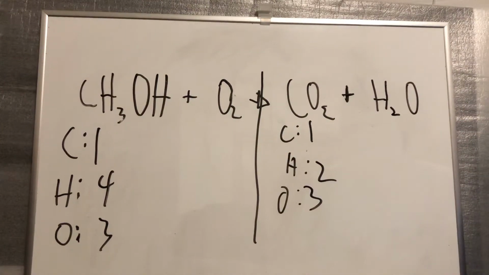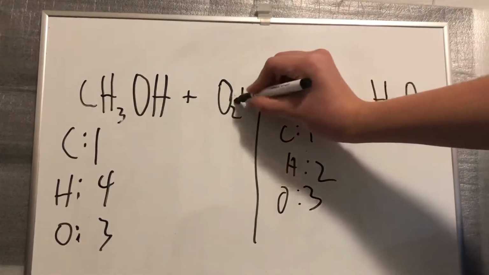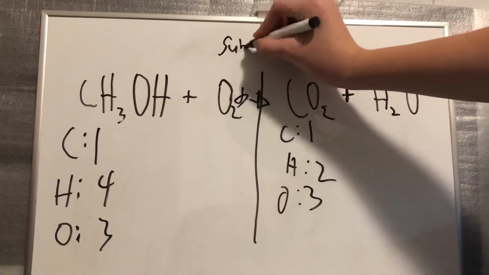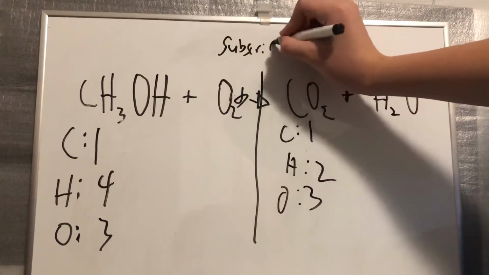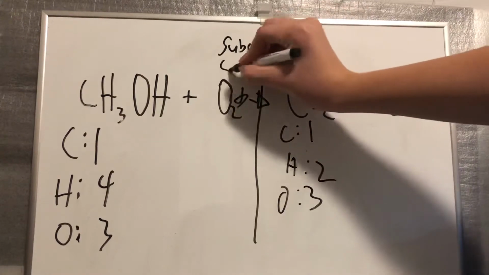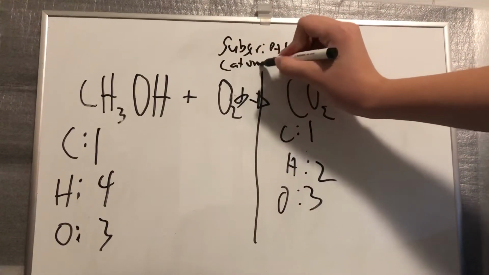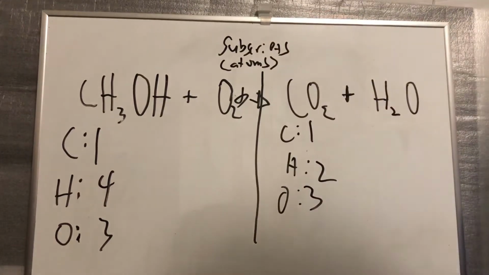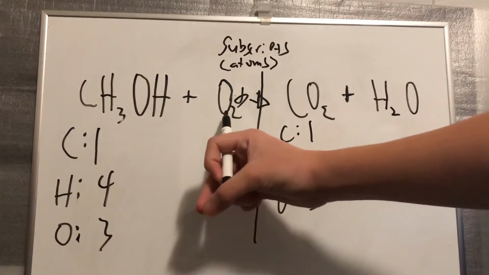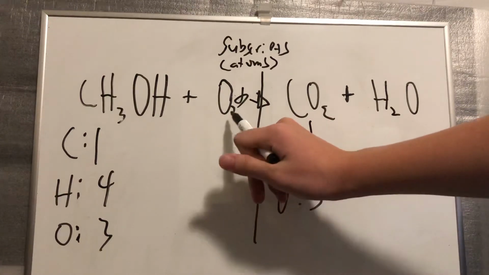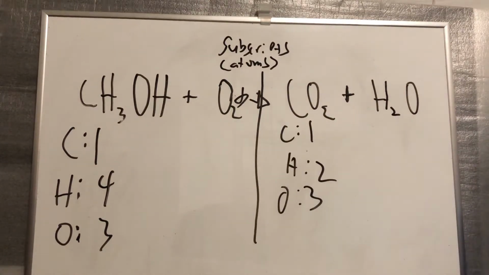But before we get started, let's identify what the numbers are in the equation. The tiny numbers are called subscripts. They are the atoms inside a molecule, well, not really inside, but below it at least.